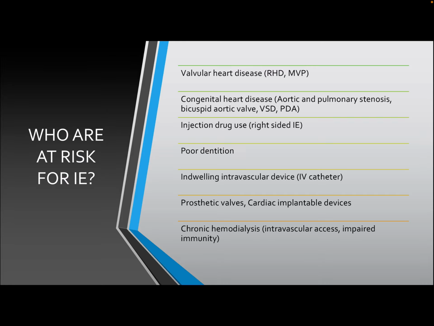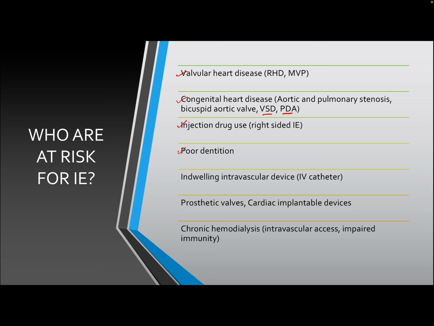These are people who have valvular heart disease like rheumatic heart disease, mitral valve prolapse, congenital heart disease like aortic and pulmonary stenosis, bicuspid aortic valve, VSD and PDA. People who have a history of injection drug use, this generally leads to a right-sided infective endocarditis.